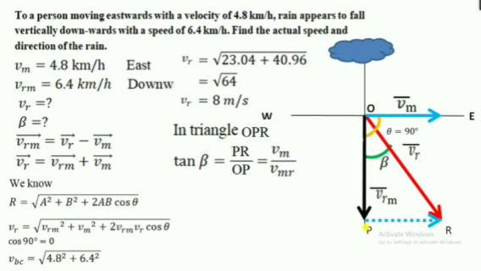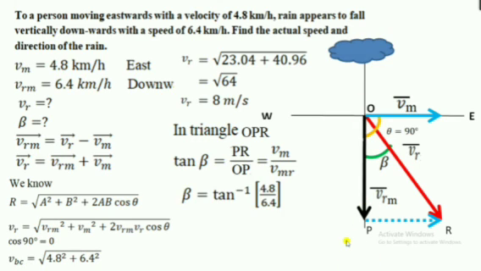So now if we get the right angle triangle, we don't need to use the formula that we have used in previous case, or you can try that formula also, you will get the same result. So out here in this triangle, tan beta is PR by OP.